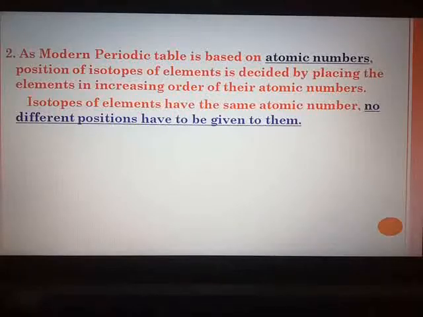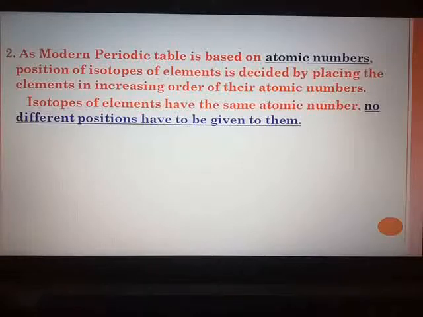Number 3 on the same page. Can there be an element with atomic mass 53 or 54 in between the two elements chromium, atomic mass 52 and atomic number 24, and manganese, 55 and 25? Here they have asked us, will there be an element with atomic mass 53 or 54 in between chromium and manganese?